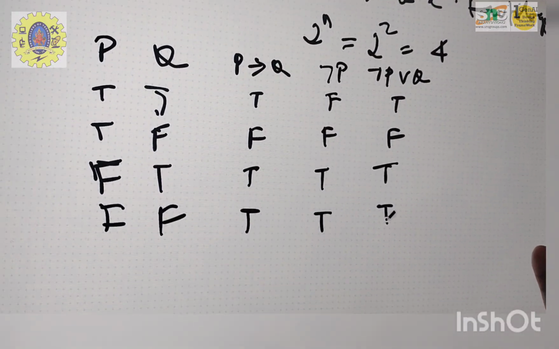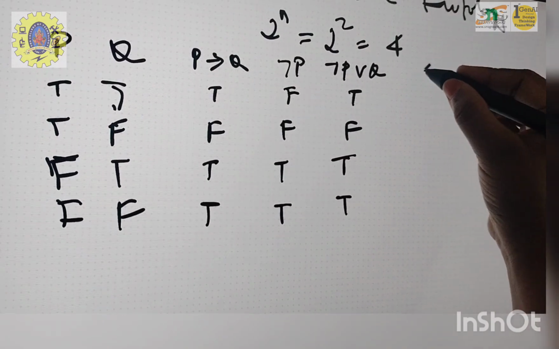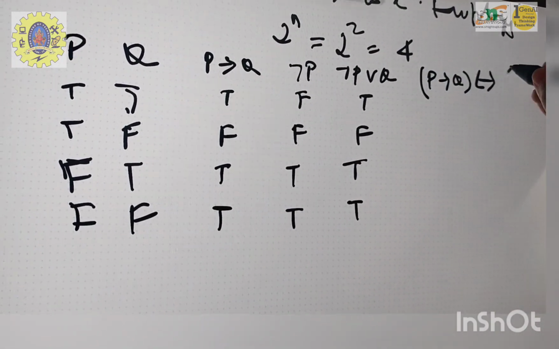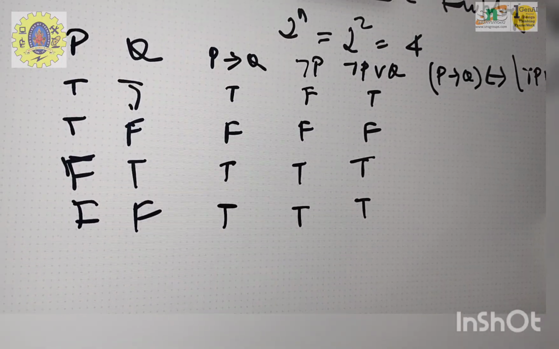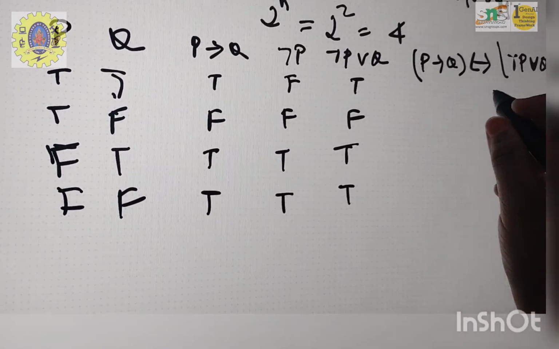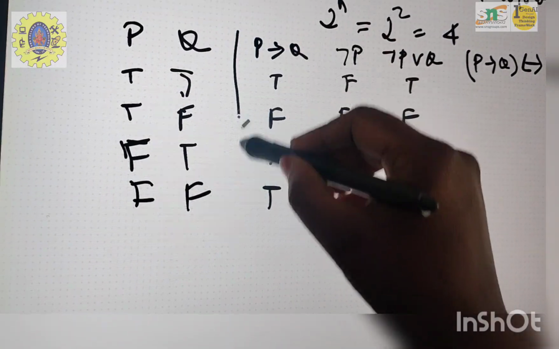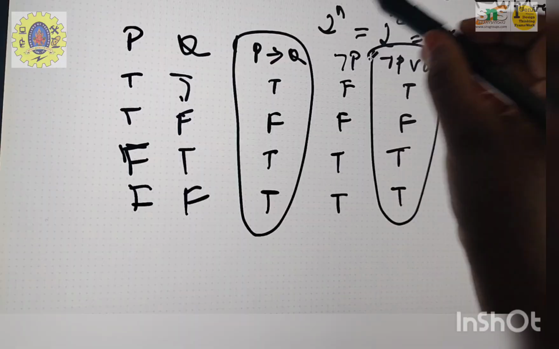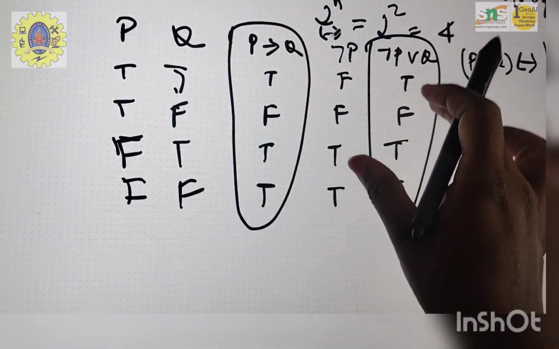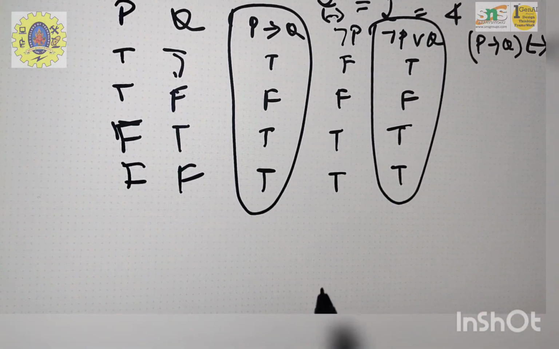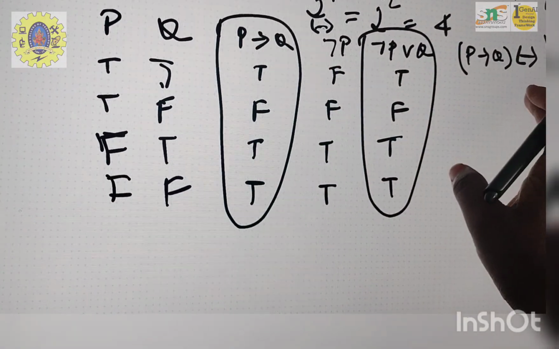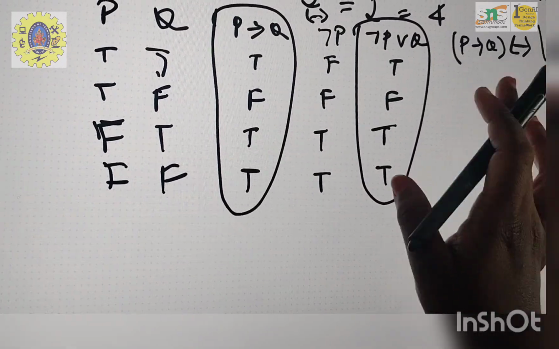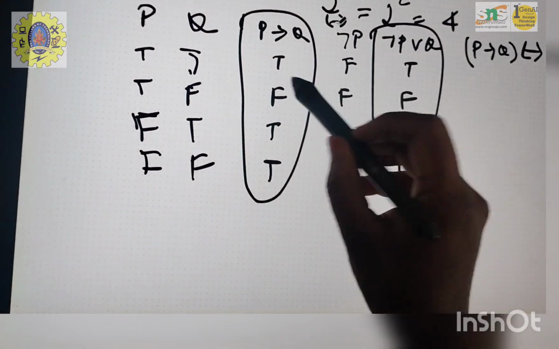Now we are going to find the final value. We are going to find the biconditional for P implies Q and negation P or Q. Biconditional is nothing but saying if and only if.